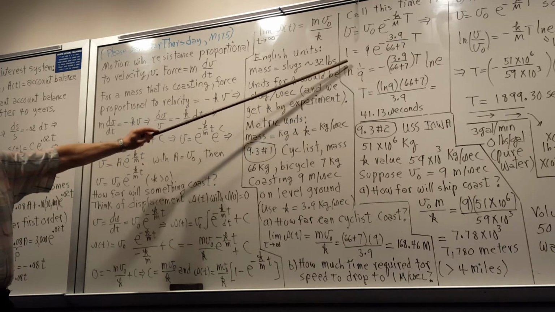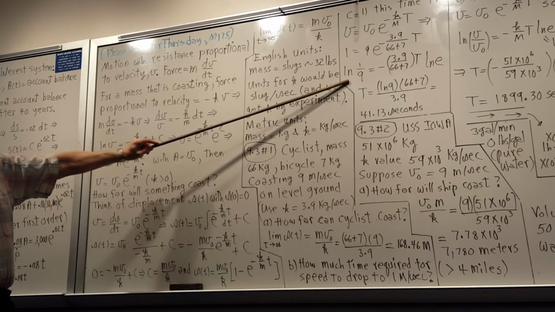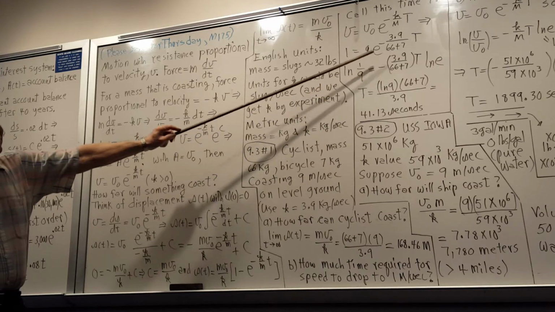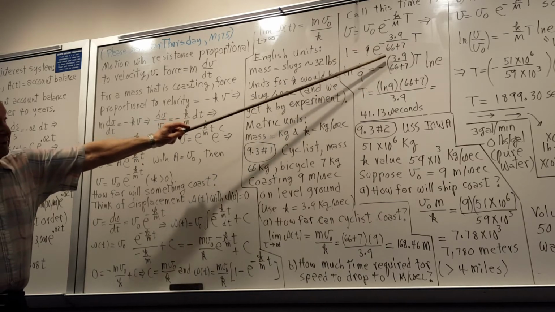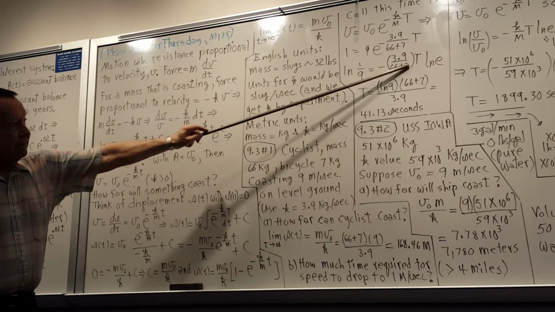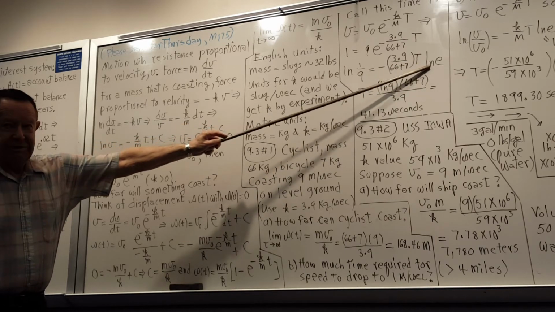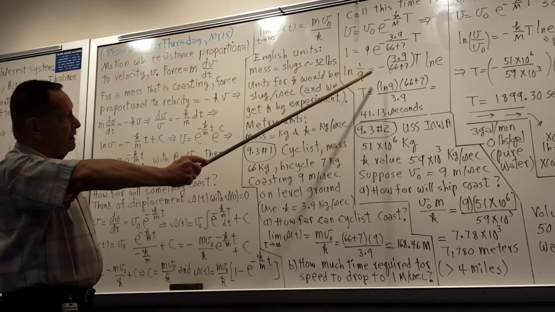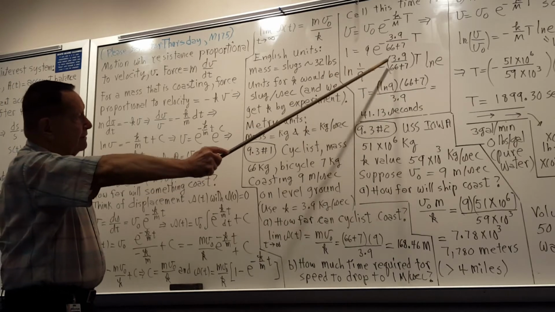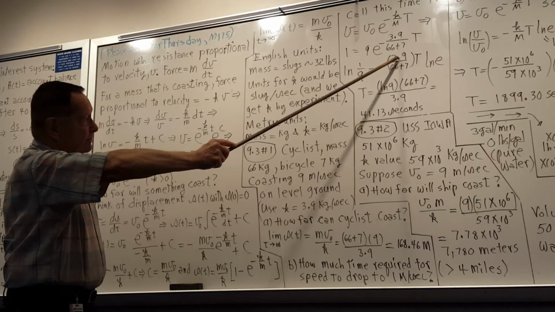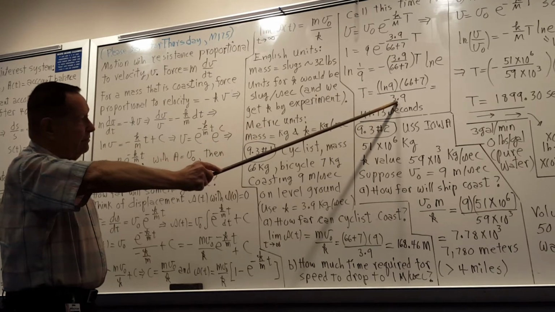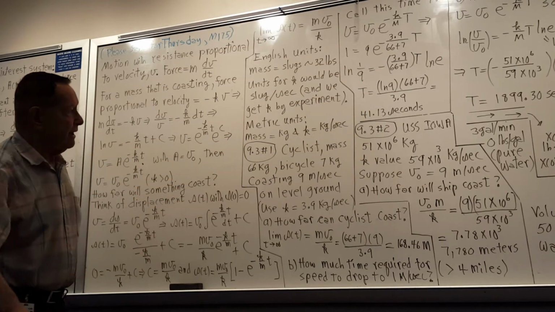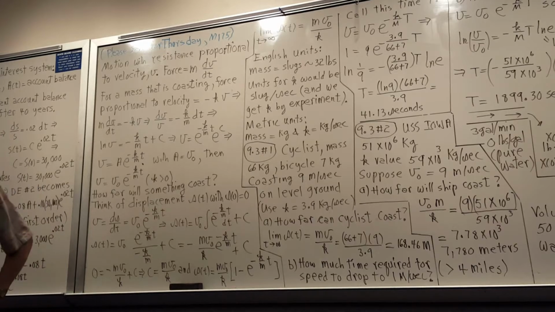So it's minus log 9, and log e is 1. So then T would be log 9 times the total mass over the K value. And that would give an estimate of 41 seconds.